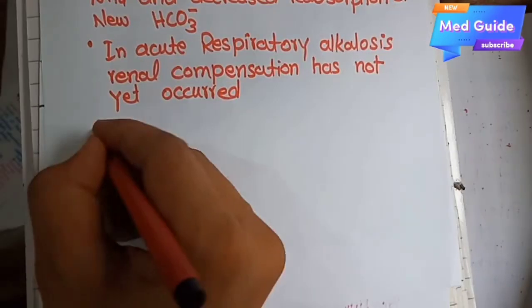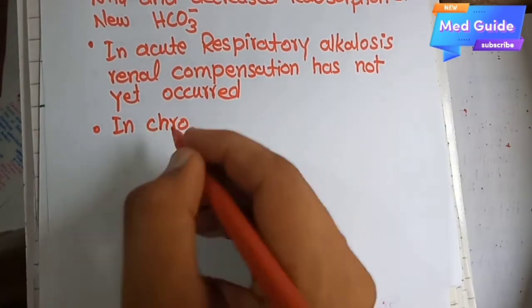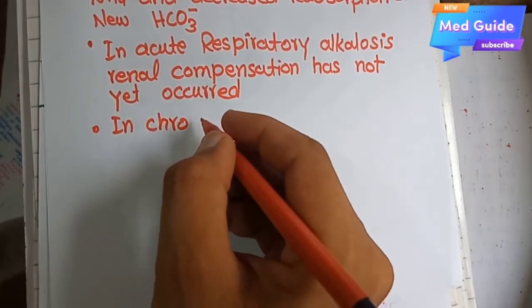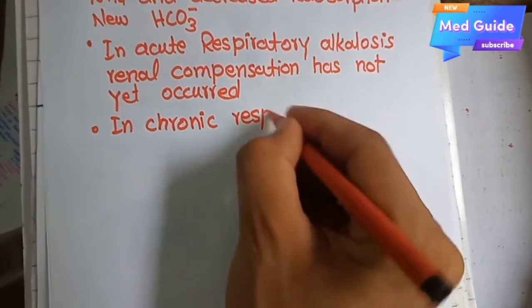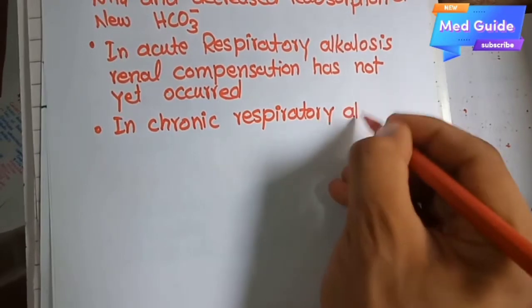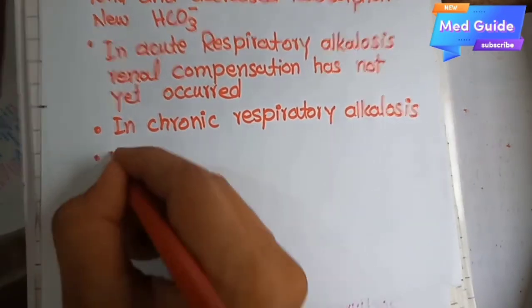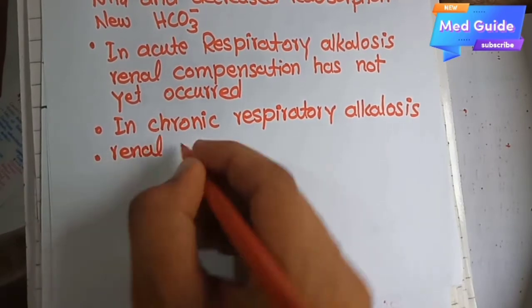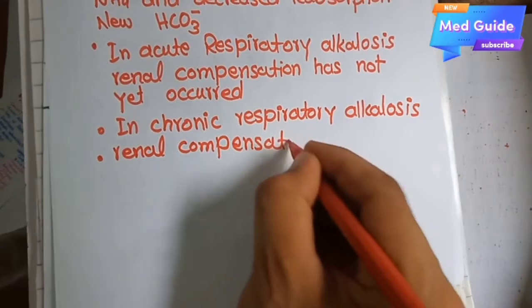Then the next one is in chronic respiratory alkalosis. In chronic respiratory alkalosis, renal compensation has occurred.